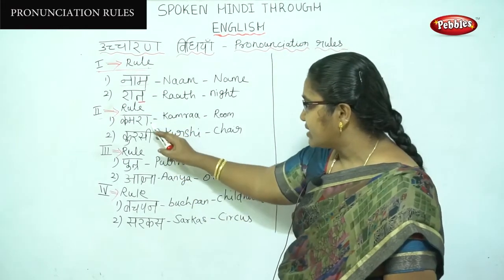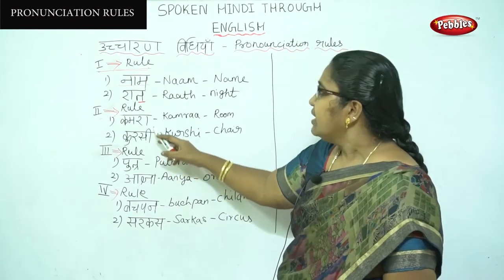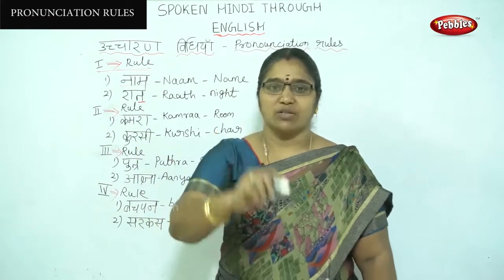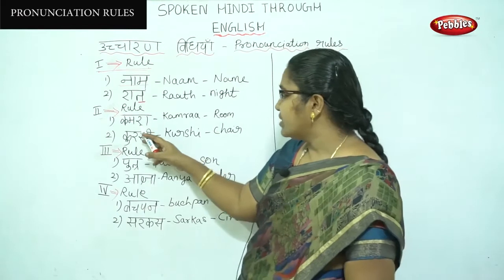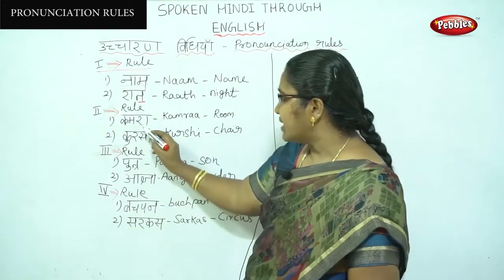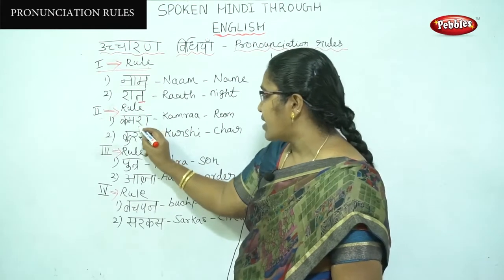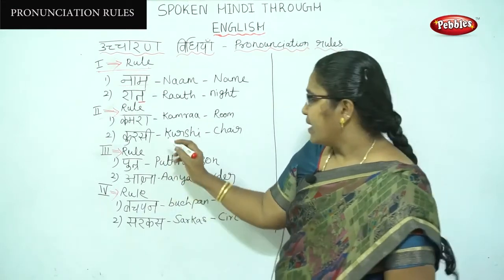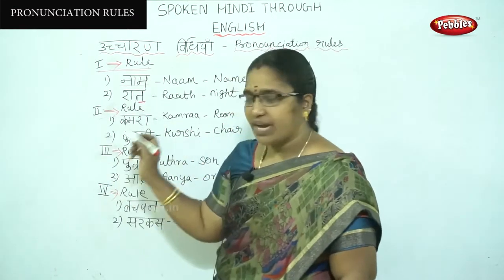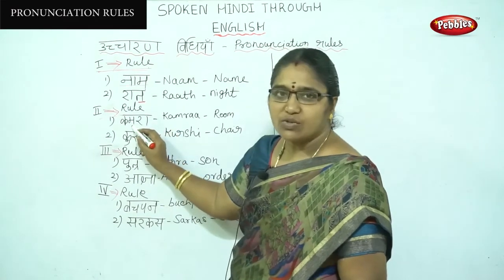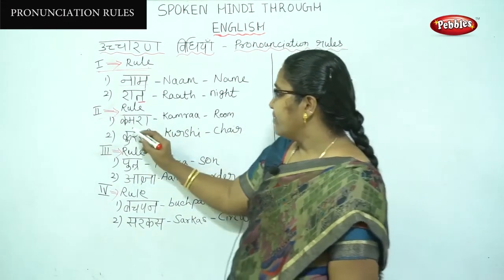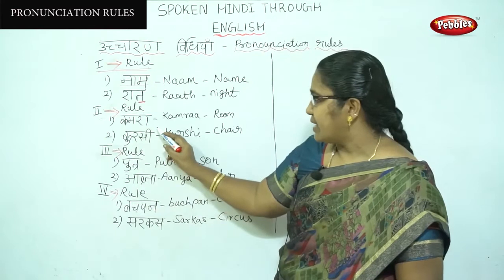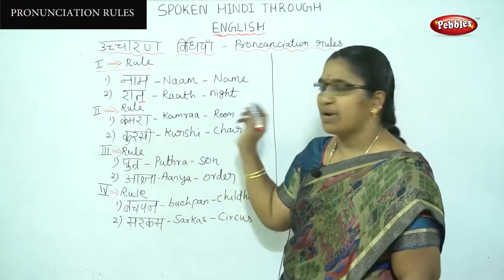Then the letter before it must be pronounced as a consonant. Ra, si, ma. If the last letter has a long sound, we pronounce the letter before it as a consonant. We spell the word as kamara, but the pronunciation is kamra.